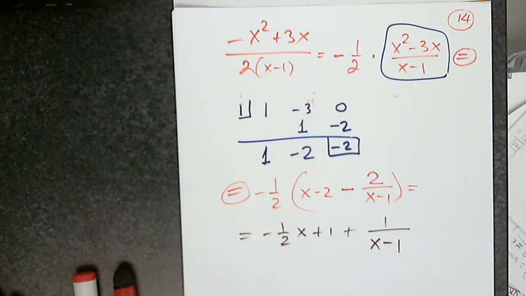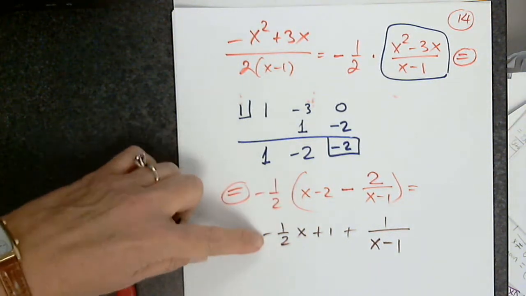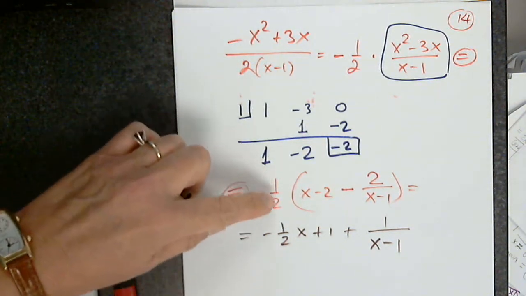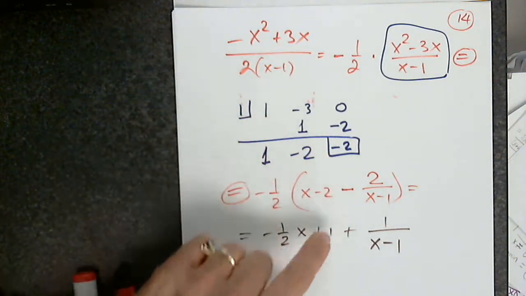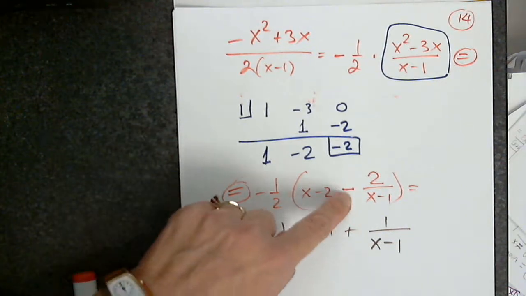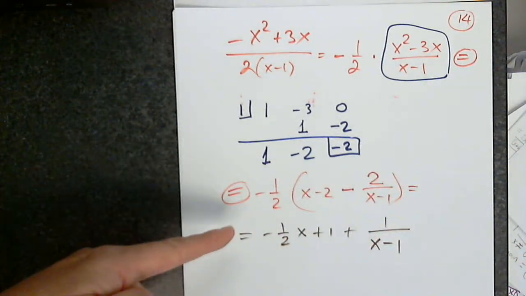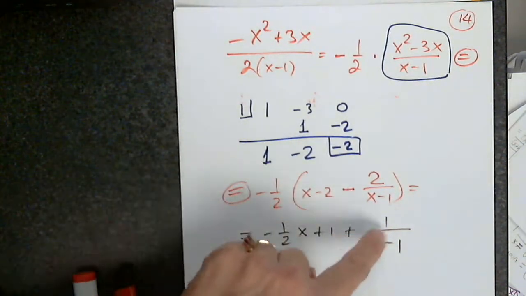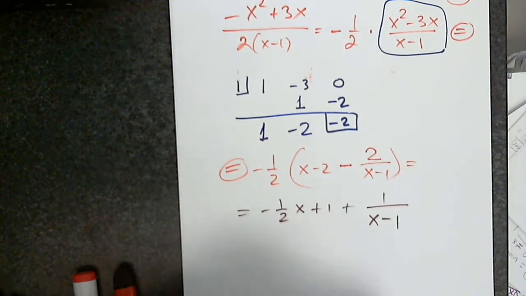Let's do this together. -1 over 2 times x is -1/2 x. But -1 over 2 times -2 over 1 is +1. -1 over 2 times -2 over x minus 1, I simplify the 2, and this changes to plus, and it's 1 over x minus 1.